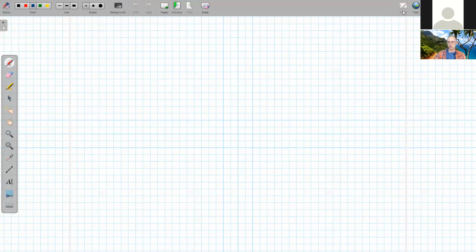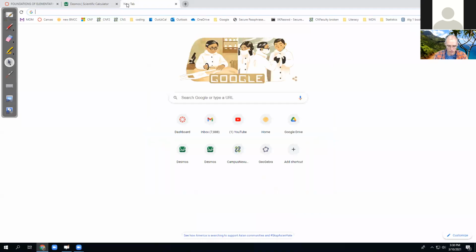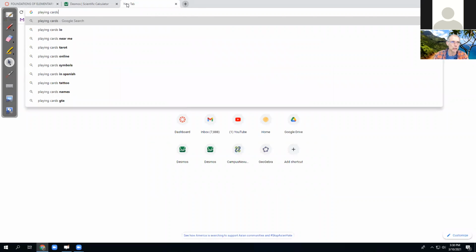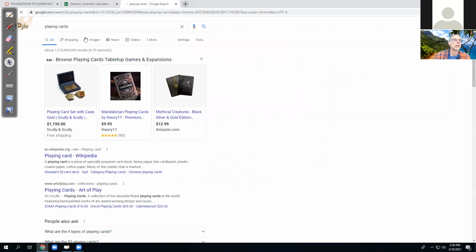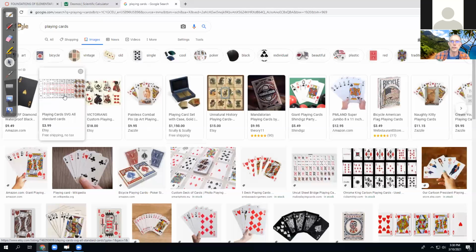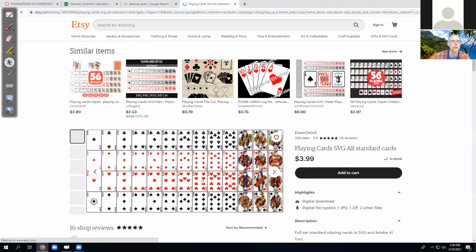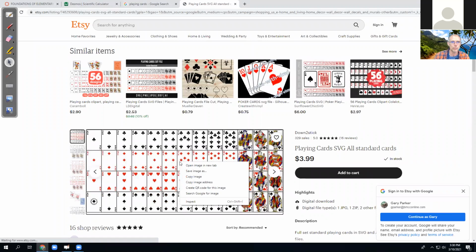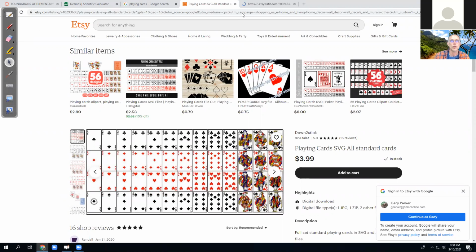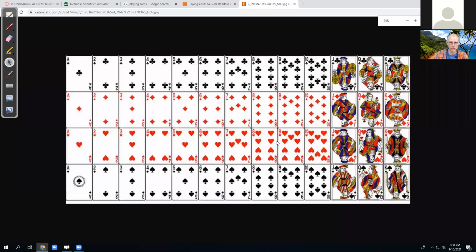Before I do this, I just want to make sure everybody is familiar with a deck of cards. All right, so a standard deck of playing cards looks like this.